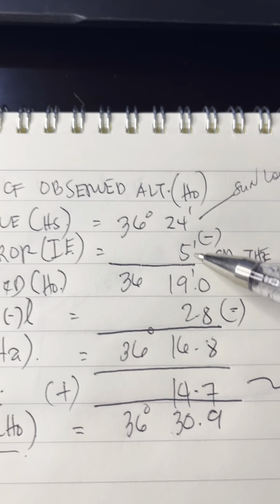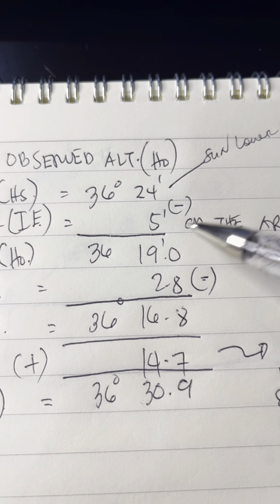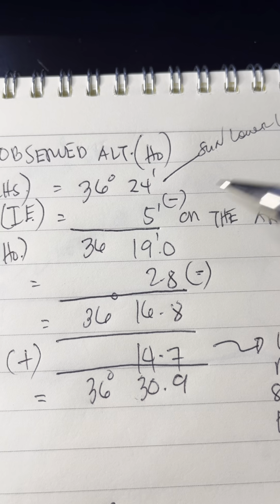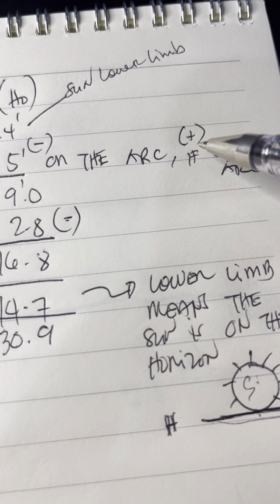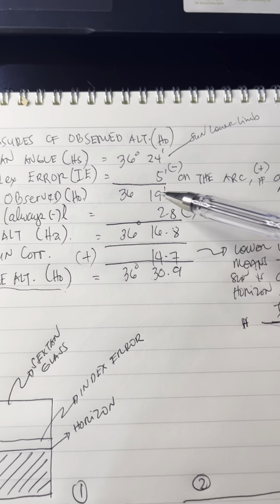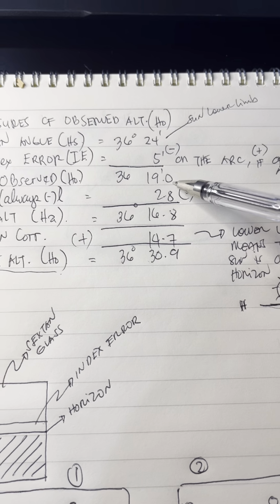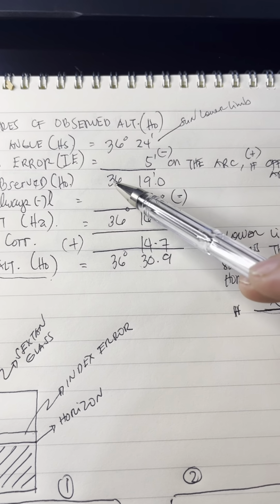This is the reason why I put 5 minutes on the arc. Since this is on the arc, we will subtract this one. If this is off the arc, for example, then we will add this one. So now we will subtract this one, and this will become 36 degrees 19.0. So this will be your observed altitude, or HO.